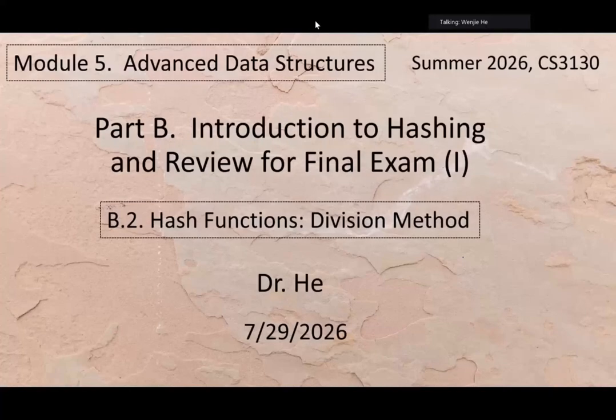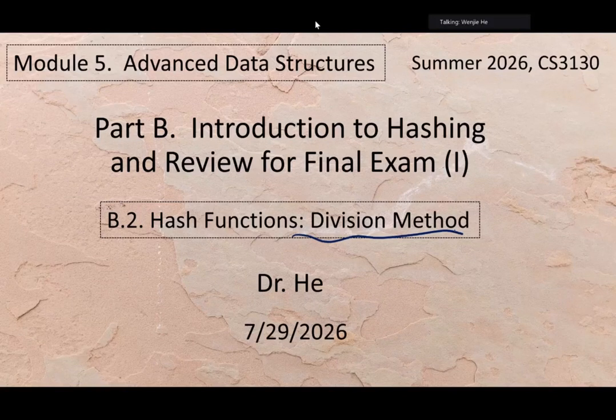In this very short time, we only talk about two simple hash functions. The first one, division method. Second, multiplication method. Today, we only have 5 minutes left, so I talk about division method.